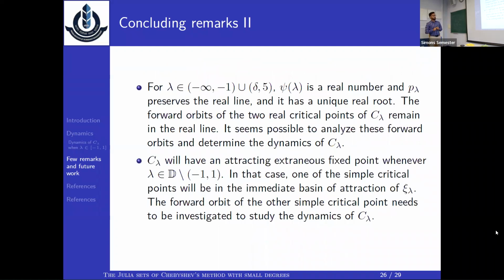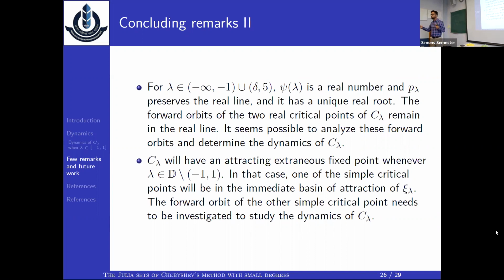Here is a question: apart from that interval -1 to delta, what can the Chebyshev method be? In this case, the coefficients of C lambda are all real. So the Julia set will be symmetric about the x-axis, and the free critical points ±1 by √5 are also real.